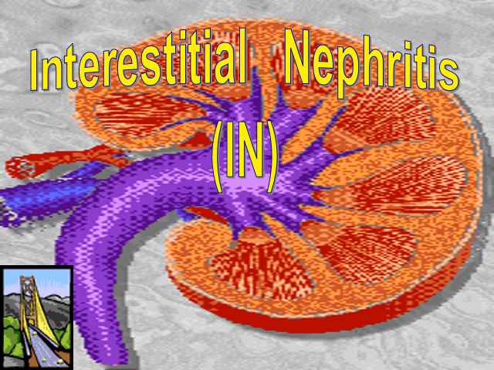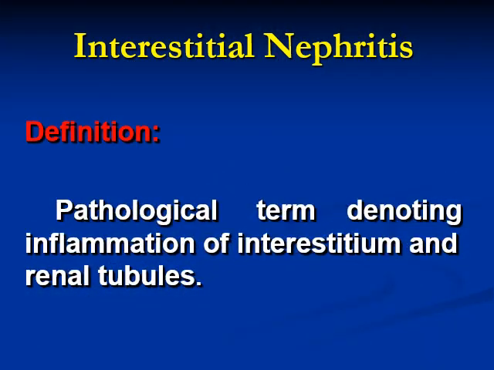We shall start with interstitial nephritis. Interstitial nephritis is a pathological term denoting an inflammation involving the interstitium and renal tubules.